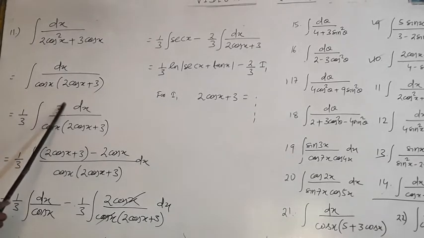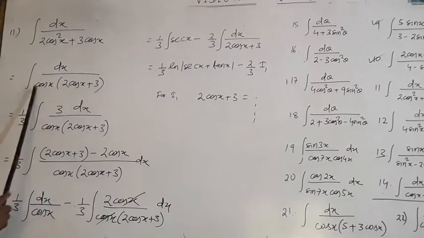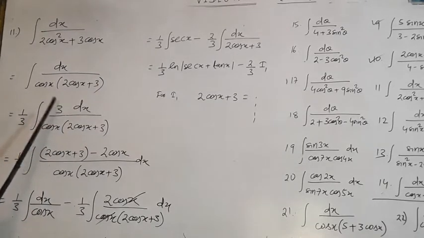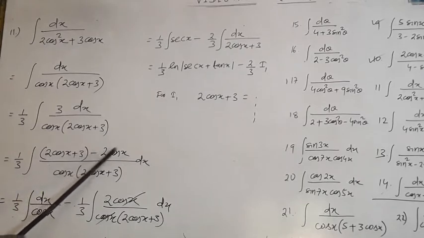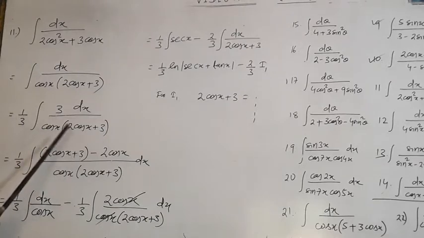Now in the 3, write this as (2 cos x + 3) − 2 cos x. The 2 cos x cancels, 1/3 times 3. Now it is ((2 cos x + 3) − 2 cos x)/(cos x (2 cos x + 3)) dx. When you separate these two, it becomes 1/3 of the integral. Do not cancel like this. Separate them: this by the whole and this by the whole.